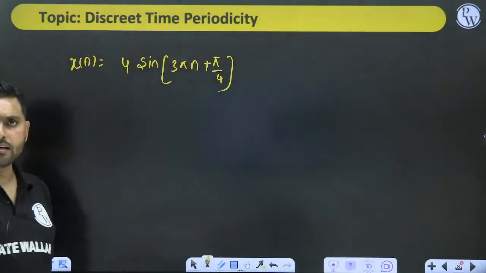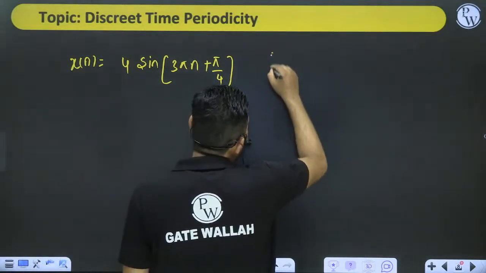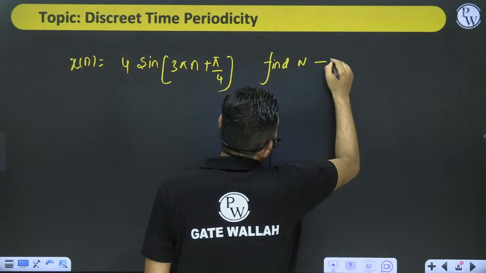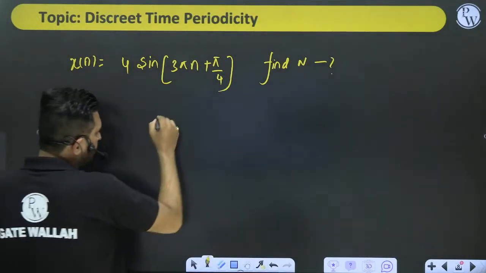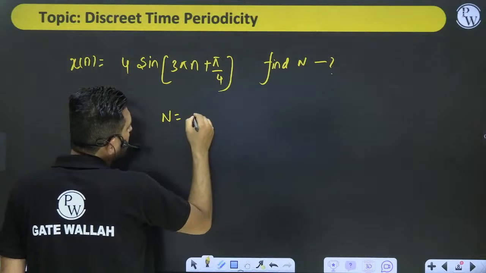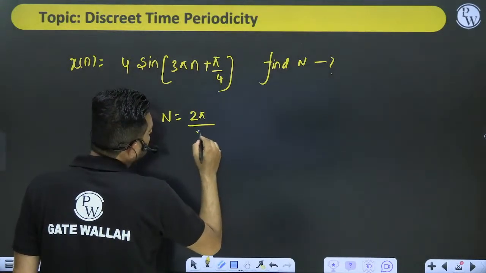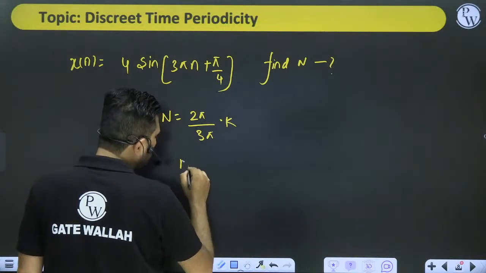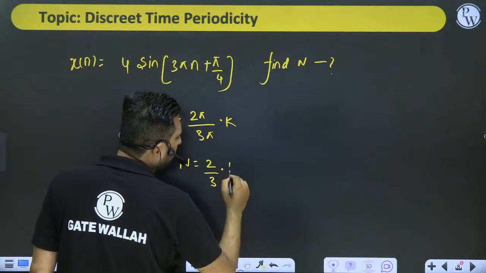Find period n. Easy, you can find. See, what is n? N is 2 pi divided by 3 pi into k. So n should be 2 by 3 into k.